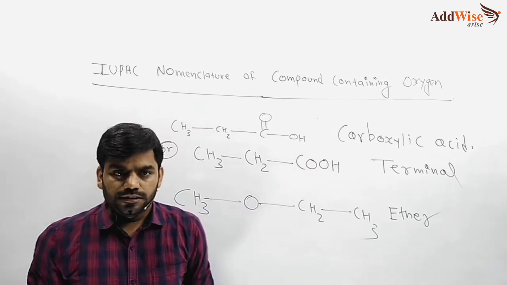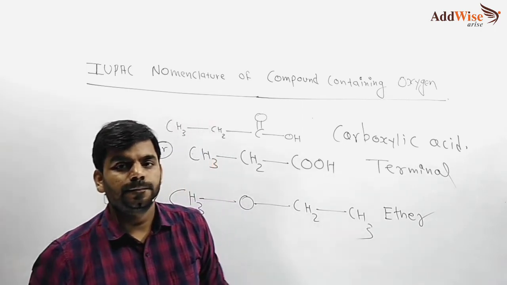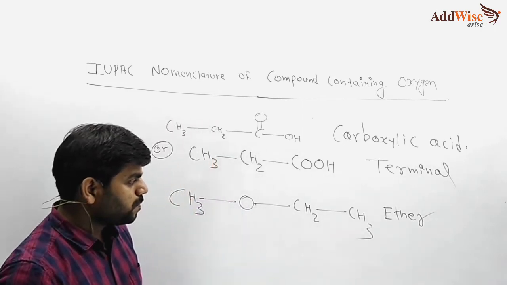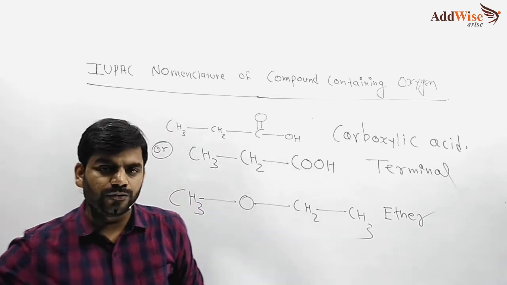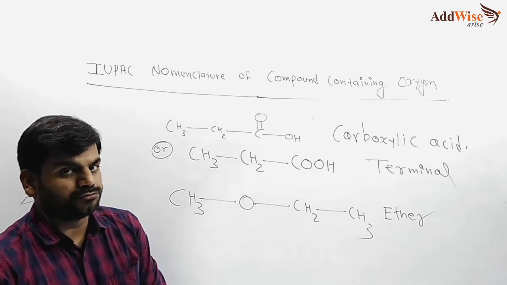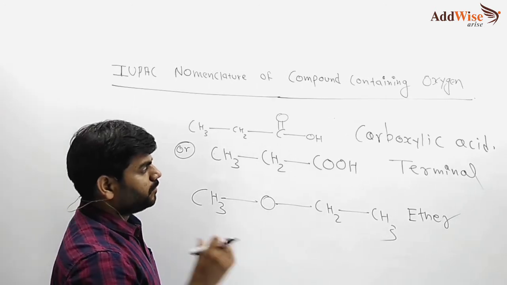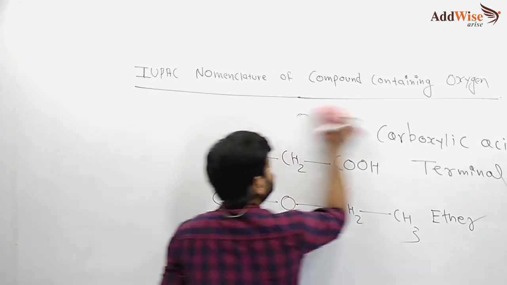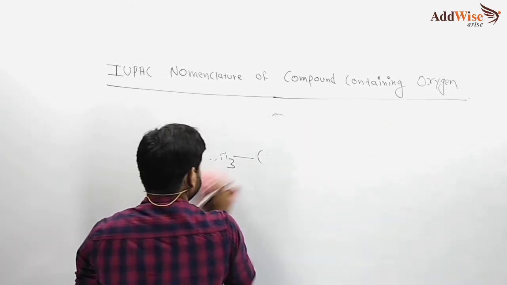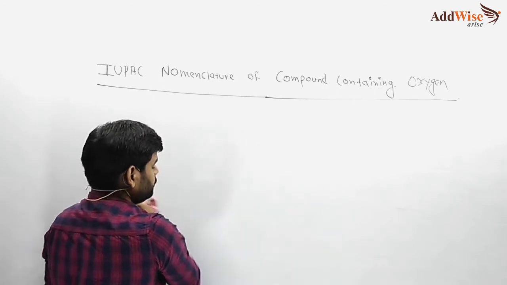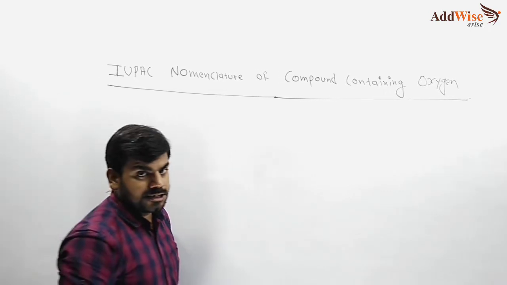Now, students, there can be some compounds which contain more than one functional group. Is it possible to have an ether and a carboxylic group together in one compound? Exactly. That is called a polyfunctional compound. More than one functional group is possible in the same compound. So this was a monofunctional compound; there was only one functional group present.